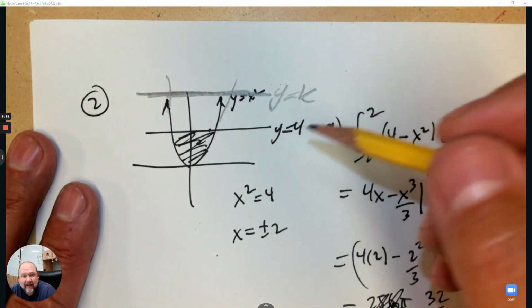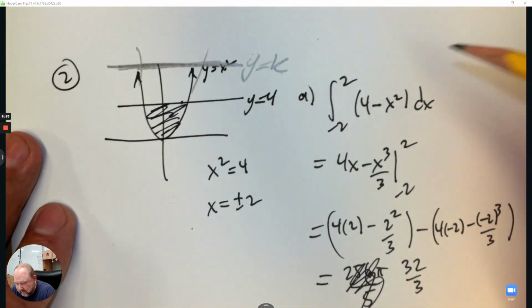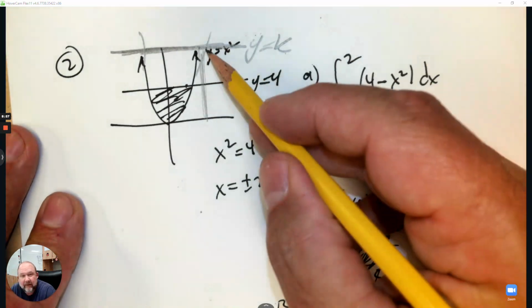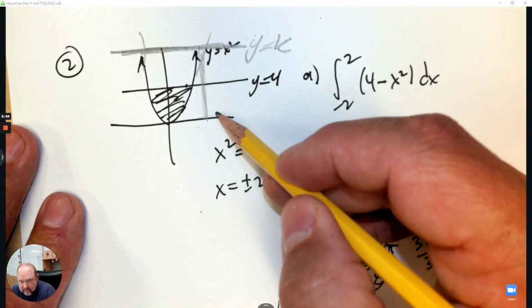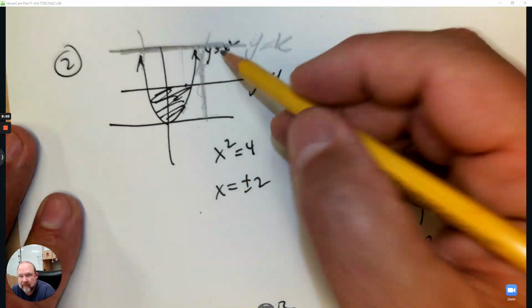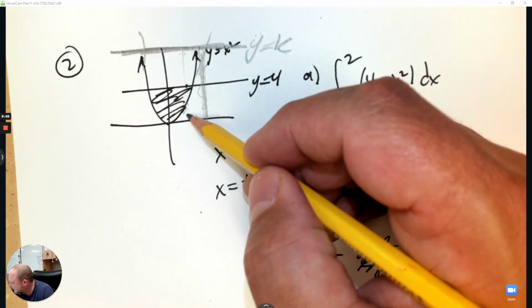So again, I need to set up for volume in terms of revolving around. The big radius will be top subtract bottom. Oh, sorry, here. It's going to be in here. Top subtract bottom, which would be k subtract x squared.